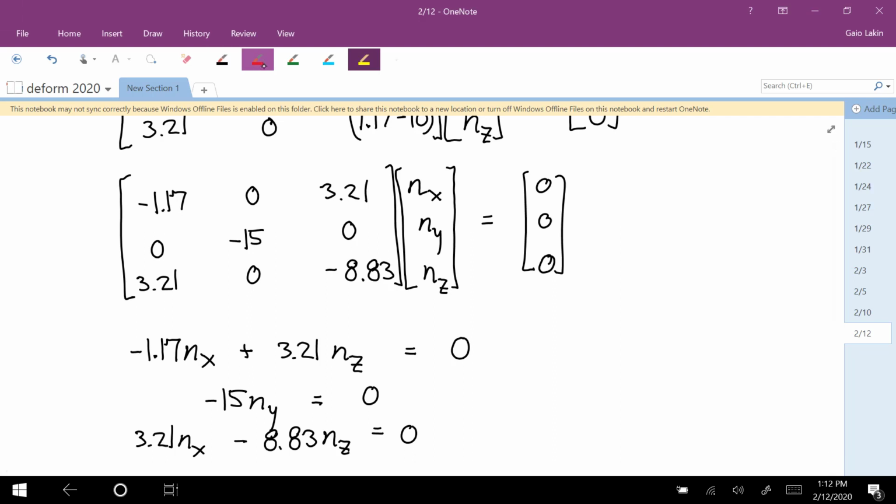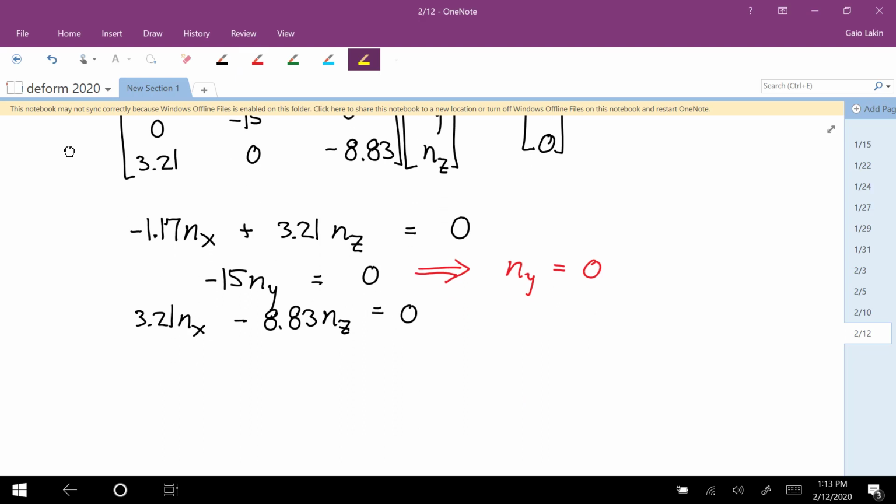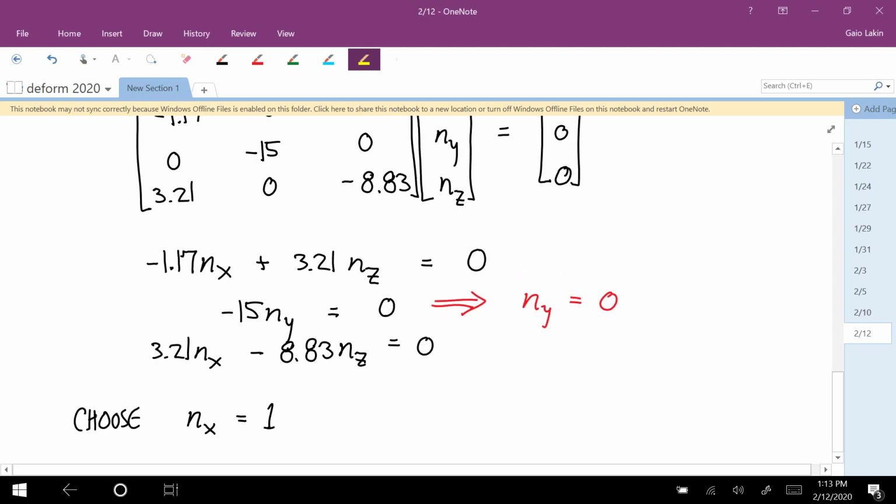Well, the second of these equations tells us that ny is 0 again. And one of the other two is a linear multiple of the other one. So only one of these is useful. Let's specify nx is equal to 1. We'll just choose that arbitrarily.